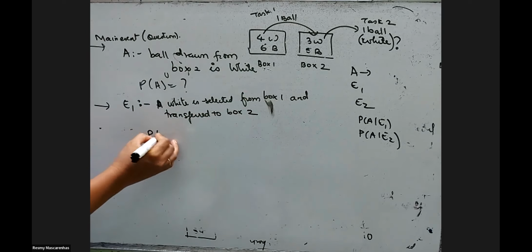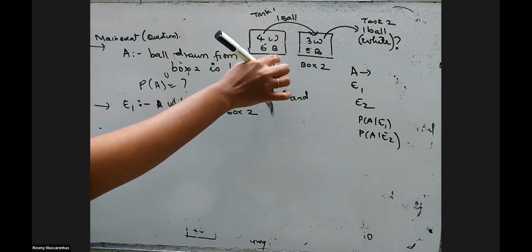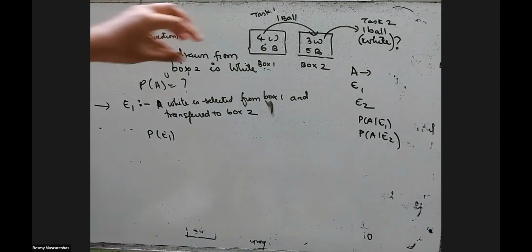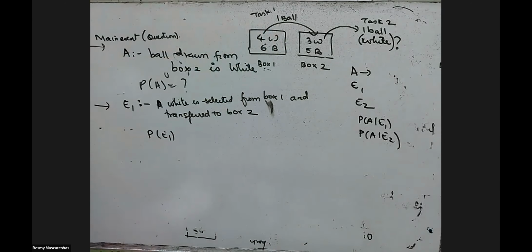So what becomes the probability? When you're given a task to go pick a white ball from box 1, what are the chances that you would pick a white ball from box 1? What is the probability of picking a white ball out of this total? It's basically always how many of that thing upon the total, how many white balls upon the total number of balls.